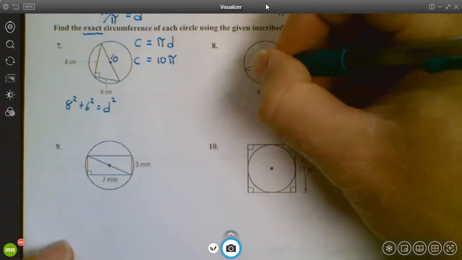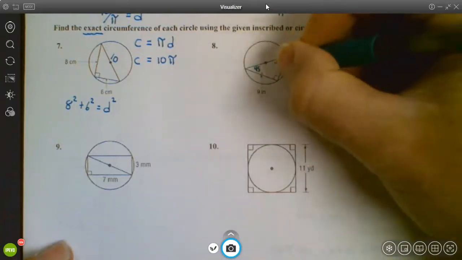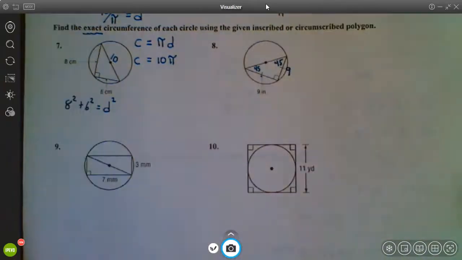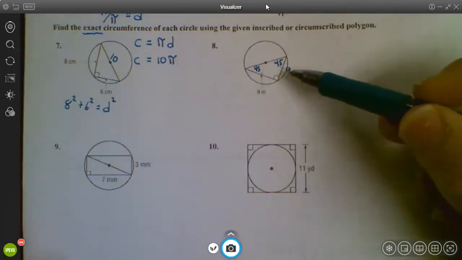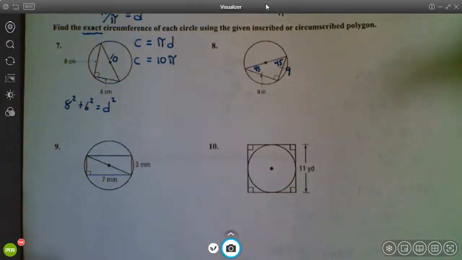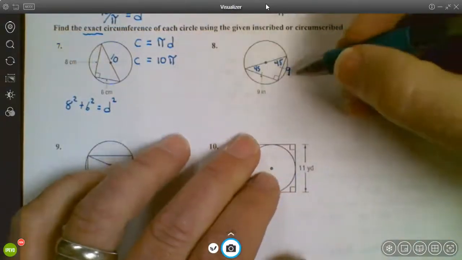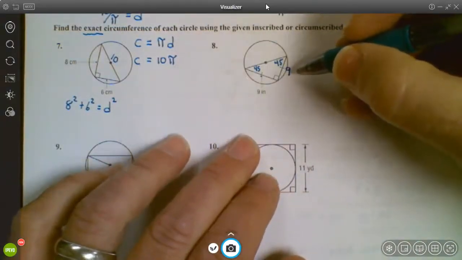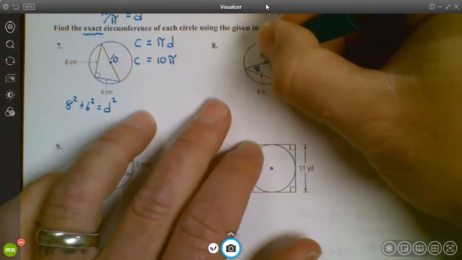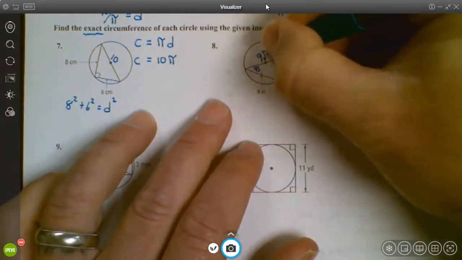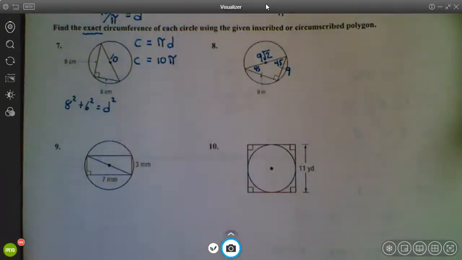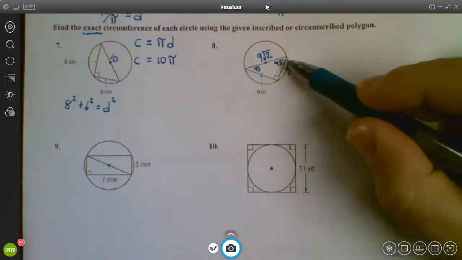That must mean it's a 45, 45, 90 triangle, right? So the two legs are 9. What would that make the hypotenuse? Well, we learned in our previous chapter that if you take the leg and multiply it by the square root of 2, you get the hypotenuse, which in this case is our diameter.